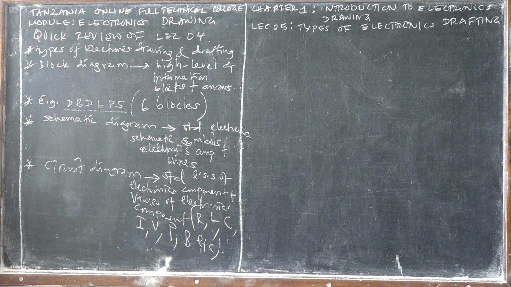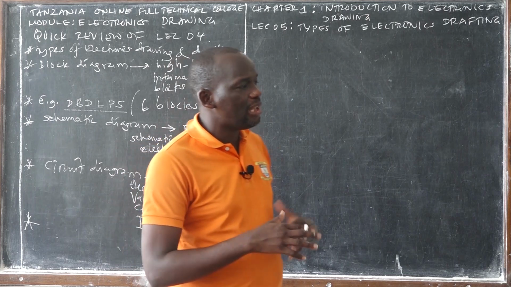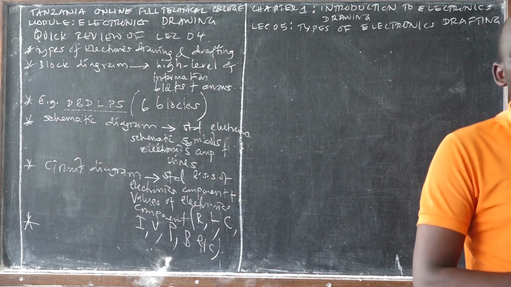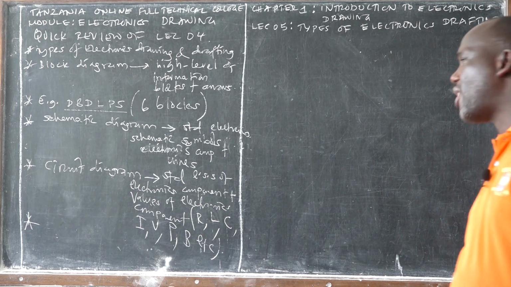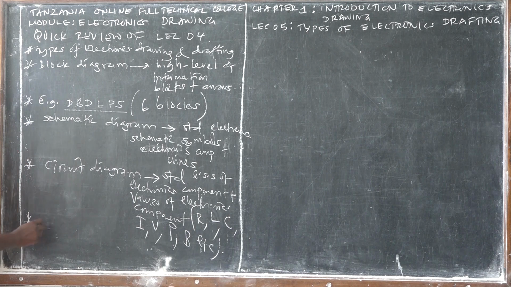Then the last, we are discussing the common examples, or the main types of electronics drawing. The last one in that discussion is called the functional block diagram. Say functional block diagram.